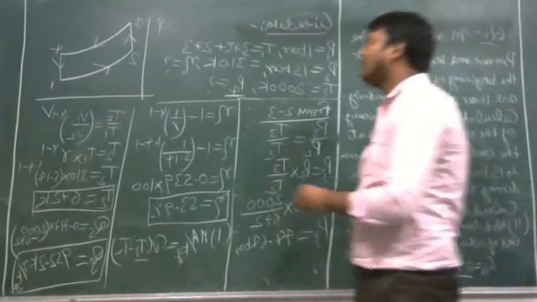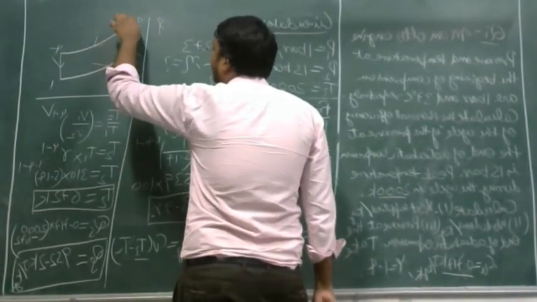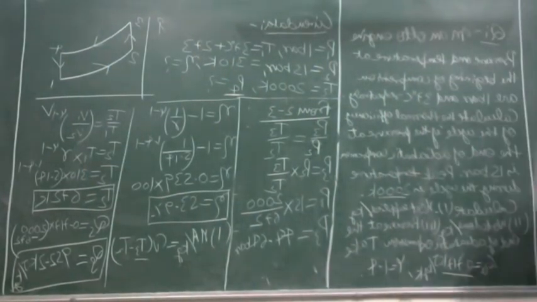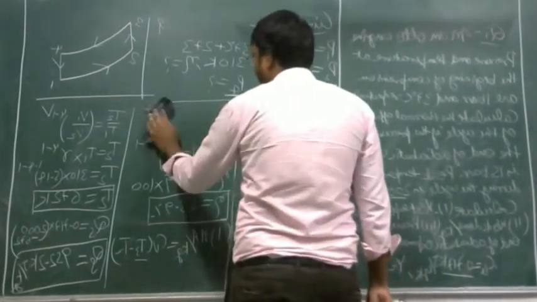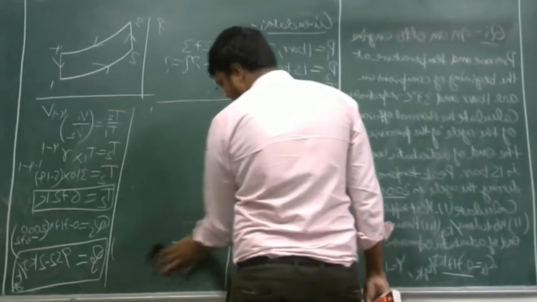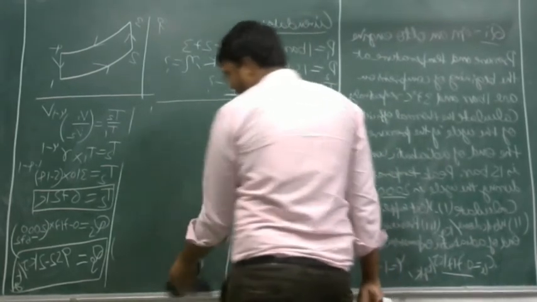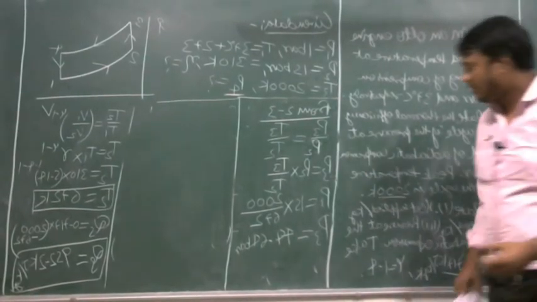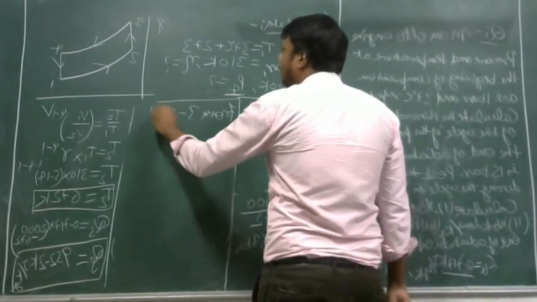Now as we have the value of pressure at point 3, we can proceed to pressure at point 4. So we move from process 3 to 4.